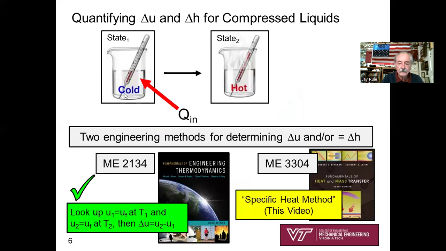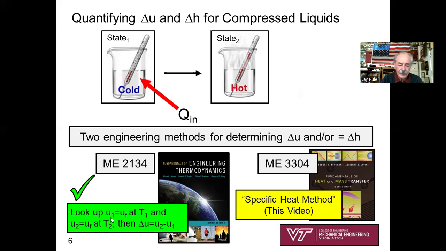Okay, so quantifying delta U and delta H, let's talk about compressed liquids. You're going to find that there are two methods for determining delta U and or delta H for a process going from one compressed liquid state to another compressed liquid state. The first method, I hope, comes to your mind from previous chapter 3 work: for compressed liquids, the internal energy is a function of temperature only.